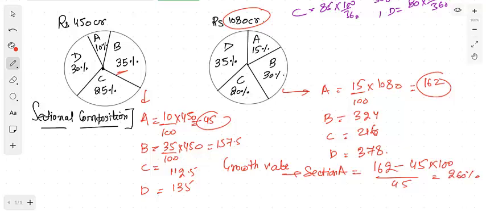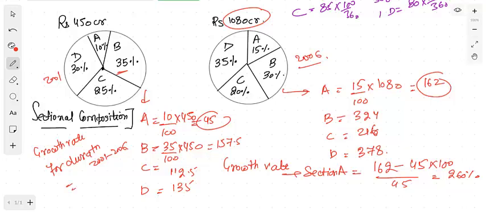If they ask you to find the growth rate for the duration 2001 to 2006, because this is the data for 2001 and this is the data for 2006, then how can you find it?